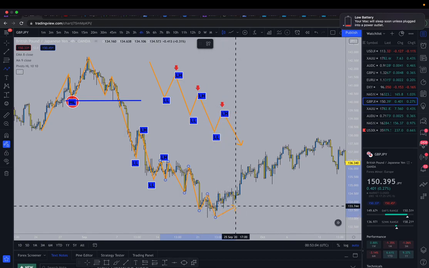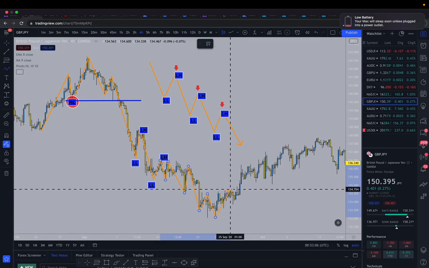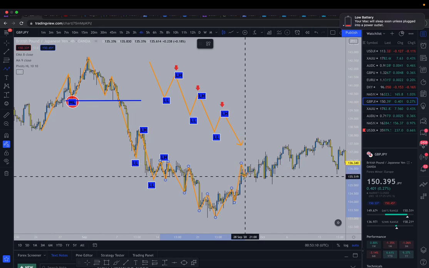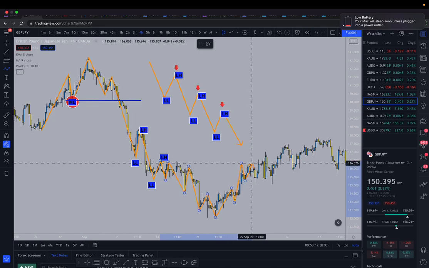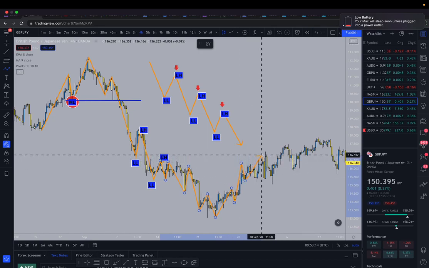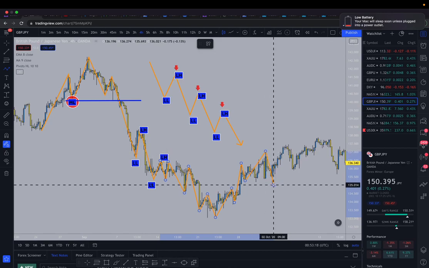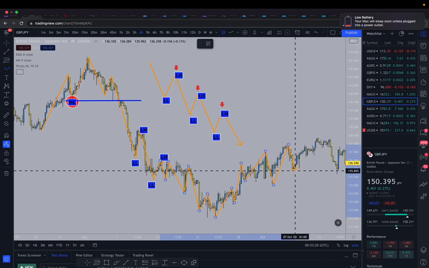Then we have two candles back to back. Is next right here, then to here, then to here. Could skip that point. Right here, right here, right here.